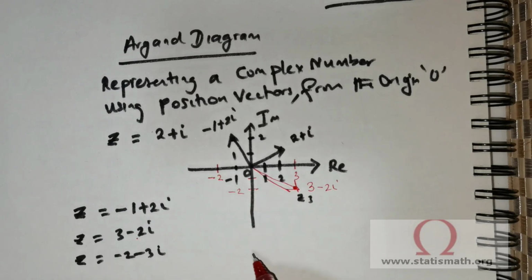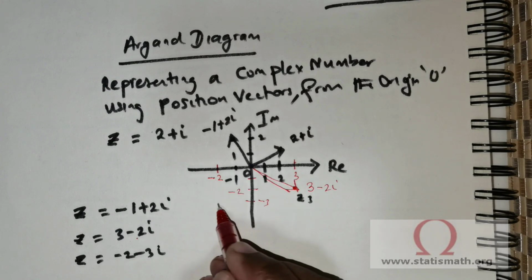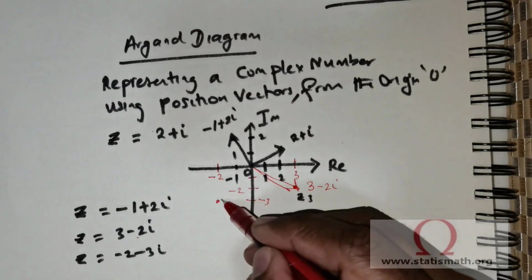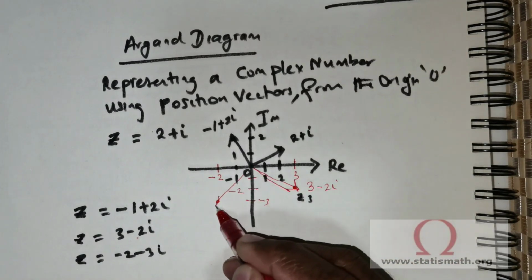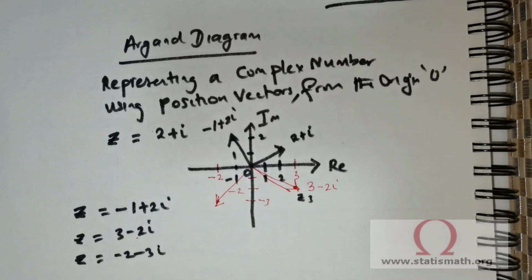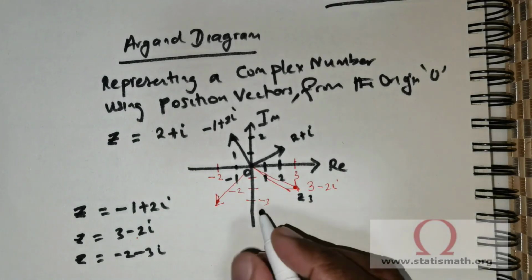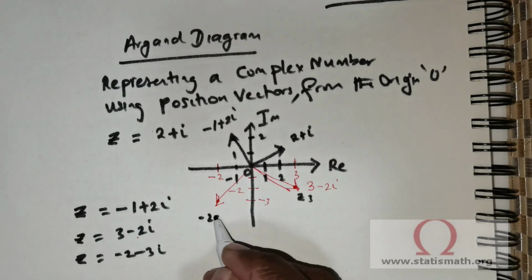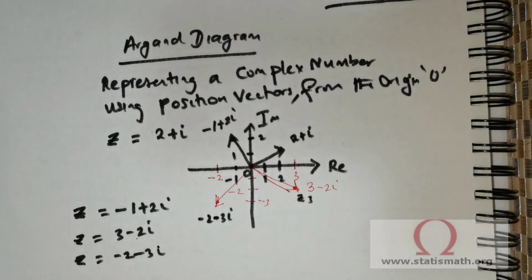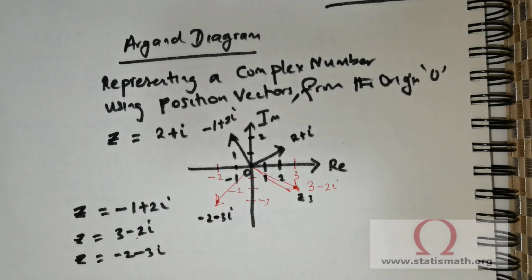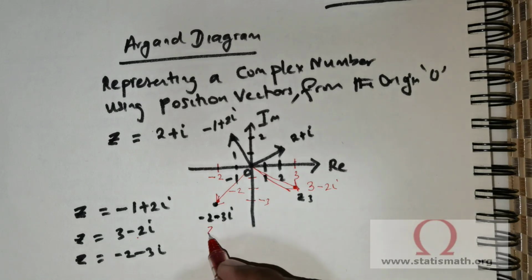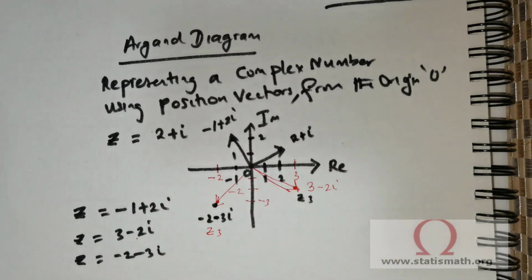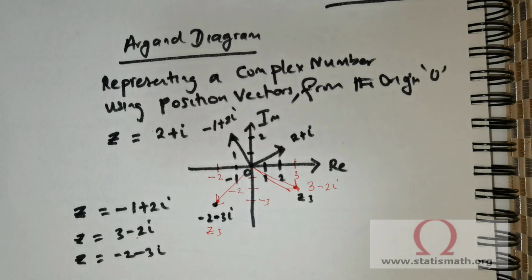So -2 is here and -3i is going to be somewhere down here, and you have to connect that with the origin, and this is going to be -2 - 3i. So that is going to be the complex number z4. This is the way in which you can use the ARGAND diagram to represent complex numbers.